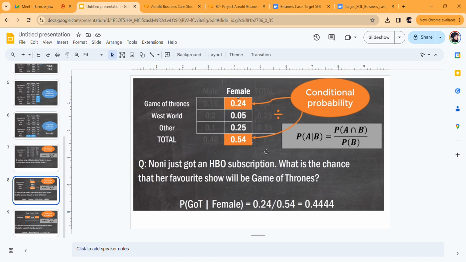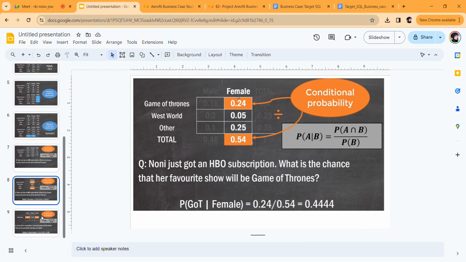Now we want to find out on the basis of a condition. The condition is that we already know she is female, we don't have any confusion. We want to know the probability of Game of Thrones given that she is female. So the given thing we take as the denominator, and in the numerator we take the joint probability of GOT and female, and you will get the answer.